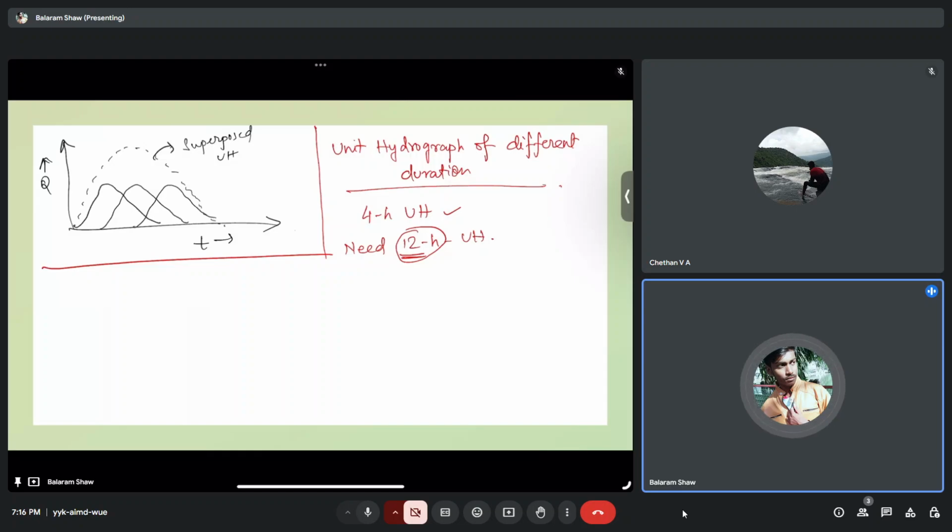So n is the ratio of the one we need to the one we have, which is 3, an integer value, right?